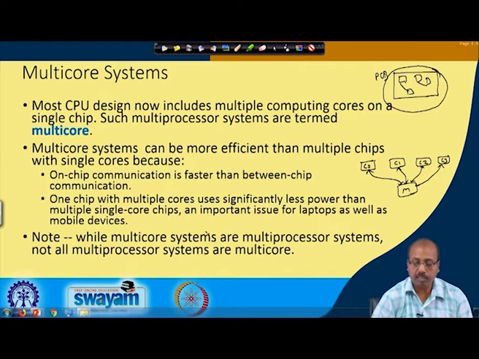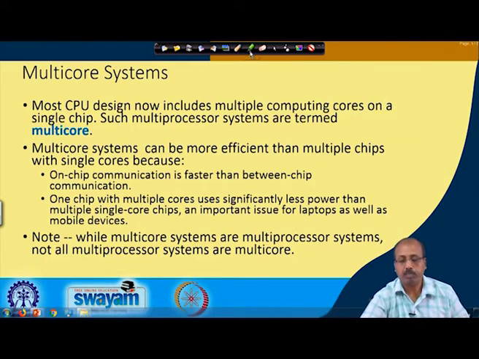Multi-core systems are multiprocessor systems, but all multiprocessor systems are not multi-core, because multi-core means all the processors are housed within a single chip, but in case of multiprocessor, it may be the case that we have got separate chips for separate processors.